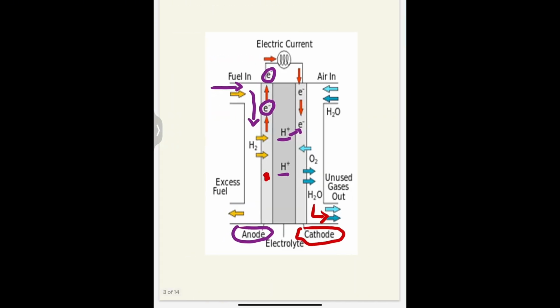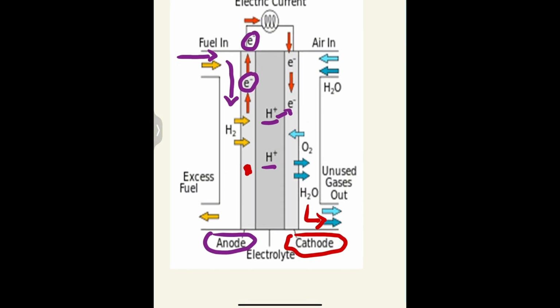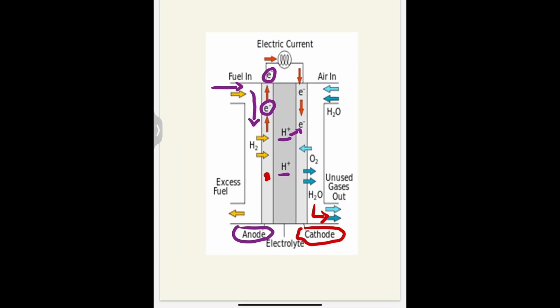Remember, it was a molecule to begin with, looking back at this diagram. Then it loses electrons and becomes H+. Remember, when they lose electrons, they become ions. The number of electrons lost comes after the arrow, which we're going to work out here.